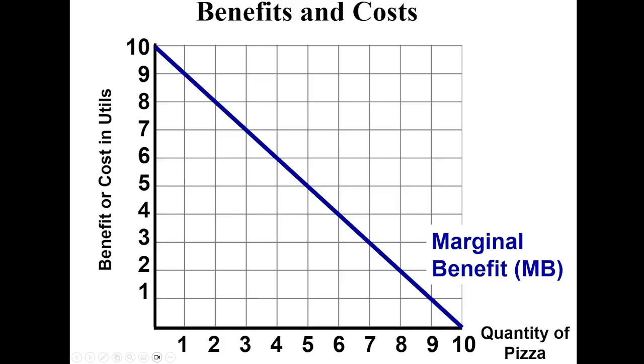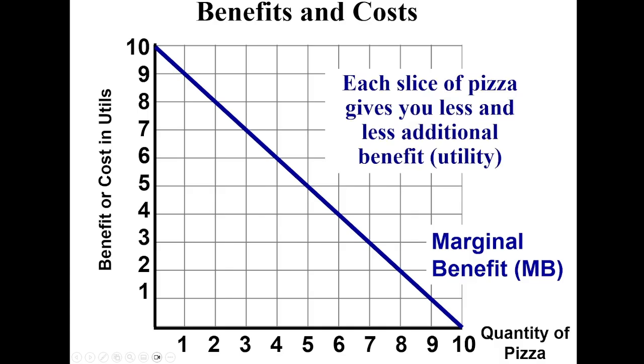Each slice of pizza gives you less and less additional benefit. You can get more and more benefit from getting pizza, but if you eat too many, it's not worth the cost.